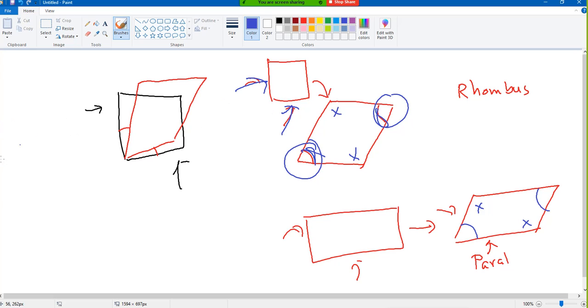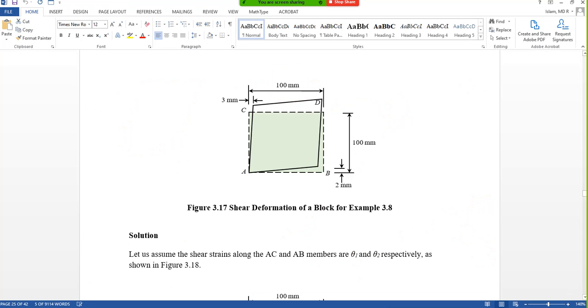Let me go to that example. This is just a brief summary of your geometry. Where is my cursor? Coming. Cursor, come back. Oh, I found it. Yes. So the question asked, at A, what is the shear strain?